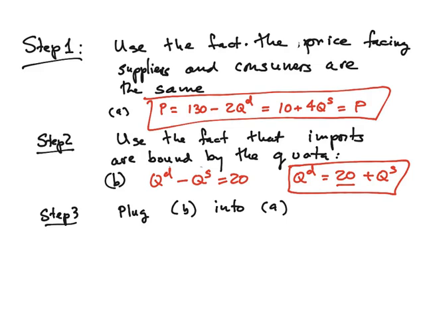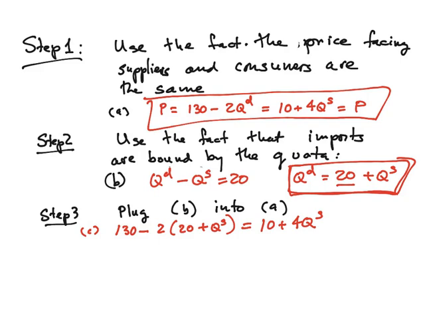Well, we're going to get 130 minus 2 times quantity demanded. Now we've got a version of quantity demanded over here. So 20 plus QS. Okay, again, that's just putting in what the quantity demand is equal to, 10 plus 4QS. Now, in this equation, call it C, we have an equation with only one unknown, QS.